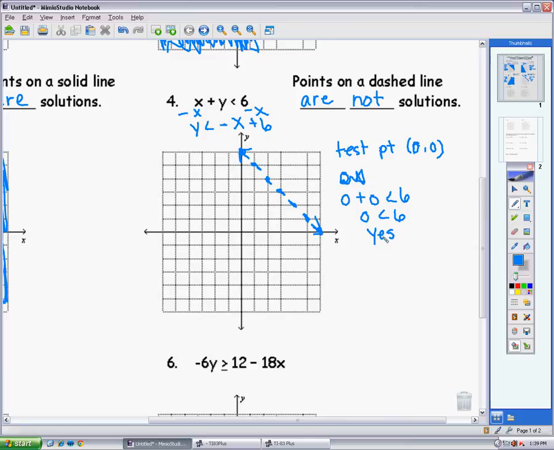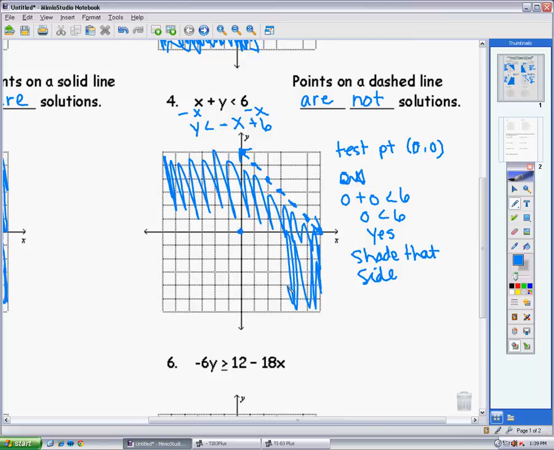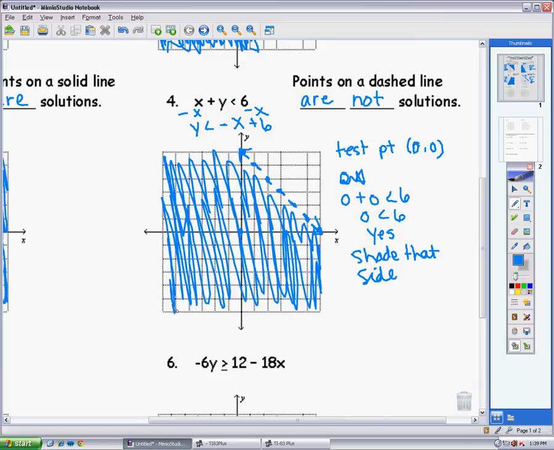So if 0 is less than 6, then I shade that side. Here's 0, 0. So that means I'm shading on this side of the line. So all of these points that I'm shading in right now are solutions to the inequality. So any one of these points you can pick and it would be a true statement.